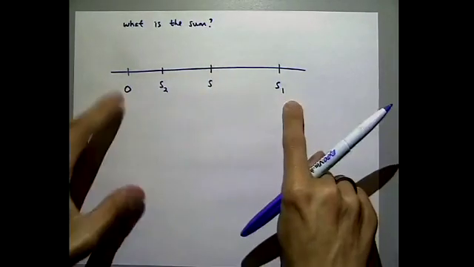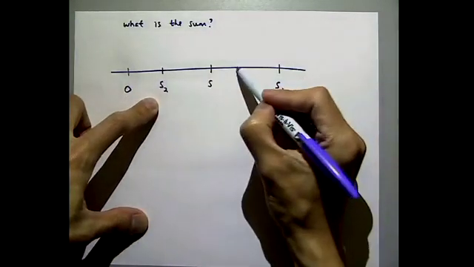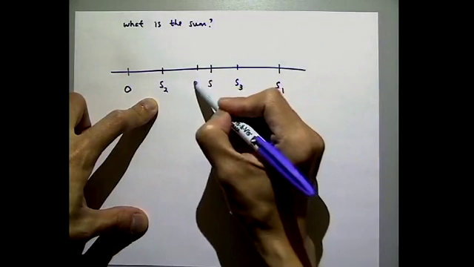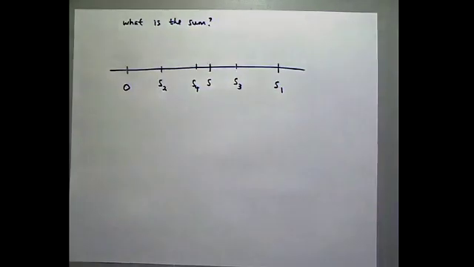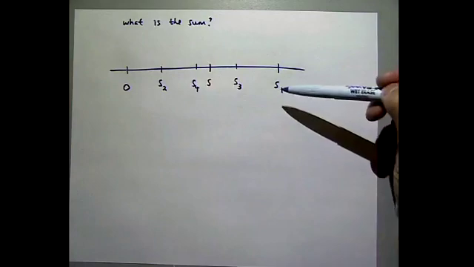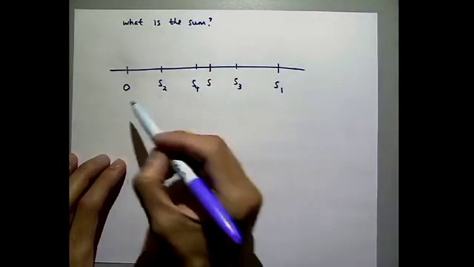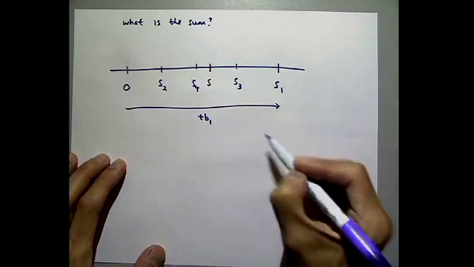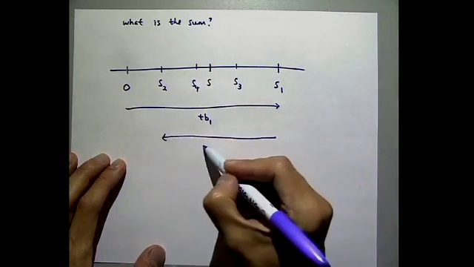So S1 puts me here, S2, S3, S4, and so on. Okay? Just pay attention to the first one and the second one. This is plus b1 minus b2.